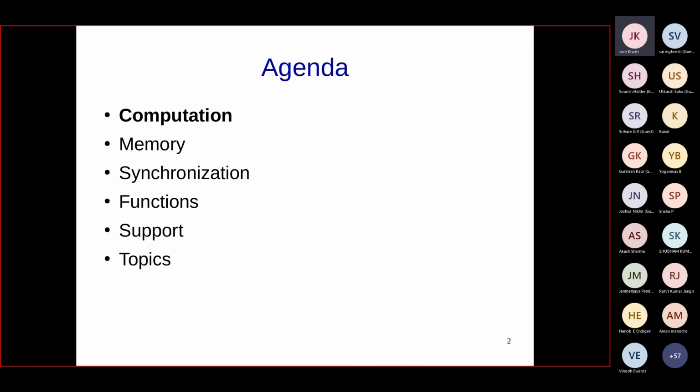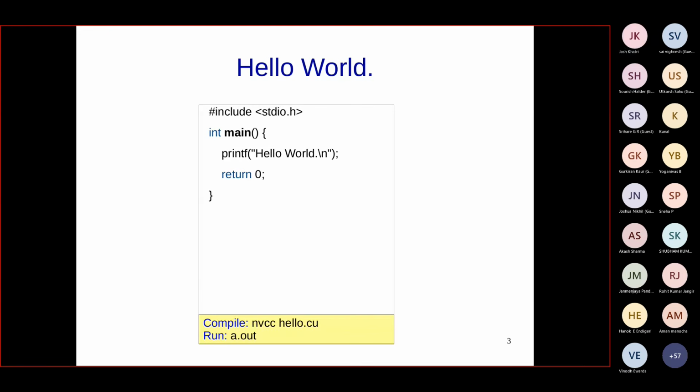For today's lecture, we're going to look into the computation aspect, so let's get started with it. This is a very simple hello world program written in C. There is nothing related to GPU or CUDA in this.